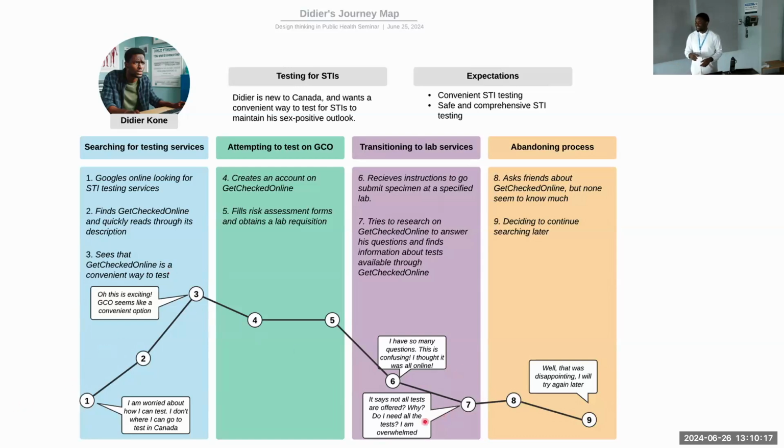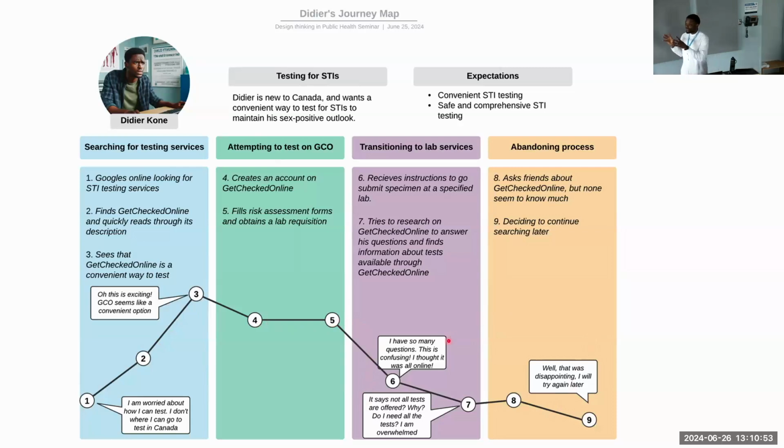So this line here describes across the journey where his feelings are. The higher the line, the more excited and happy the user is. The lower the line, the less happy, the less excited the user is. So you see this user gets really excited at phase 3 when he sees, oh, this is a convenient option for testing, and starts to go through the testing process, but then it dips down into feeling overwhelmed with the many questions that they had.